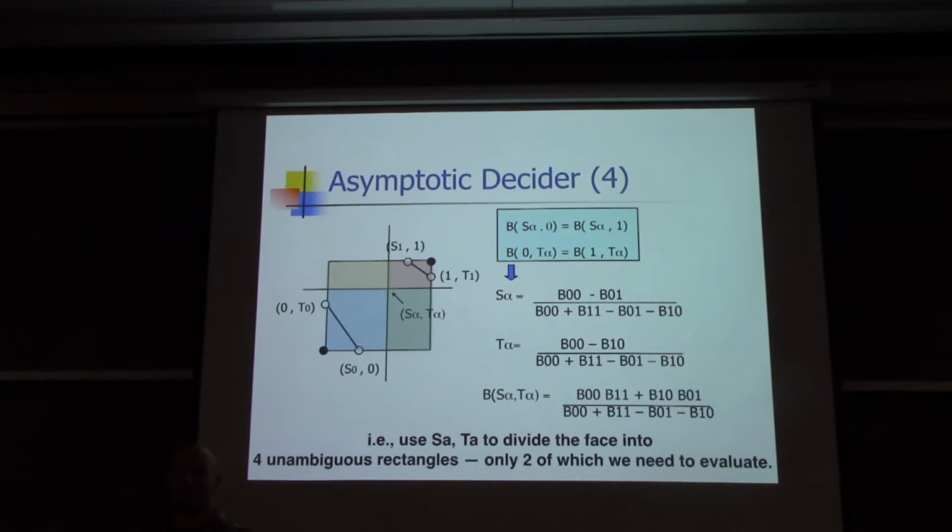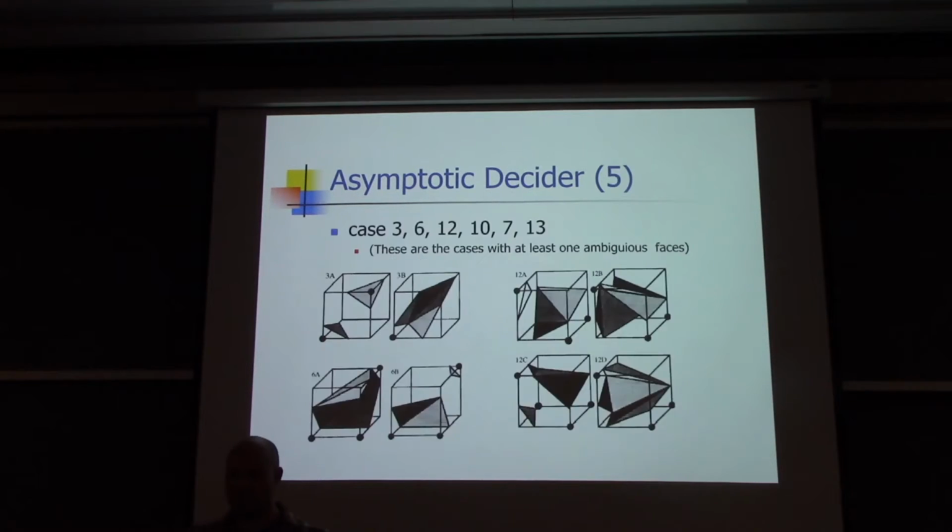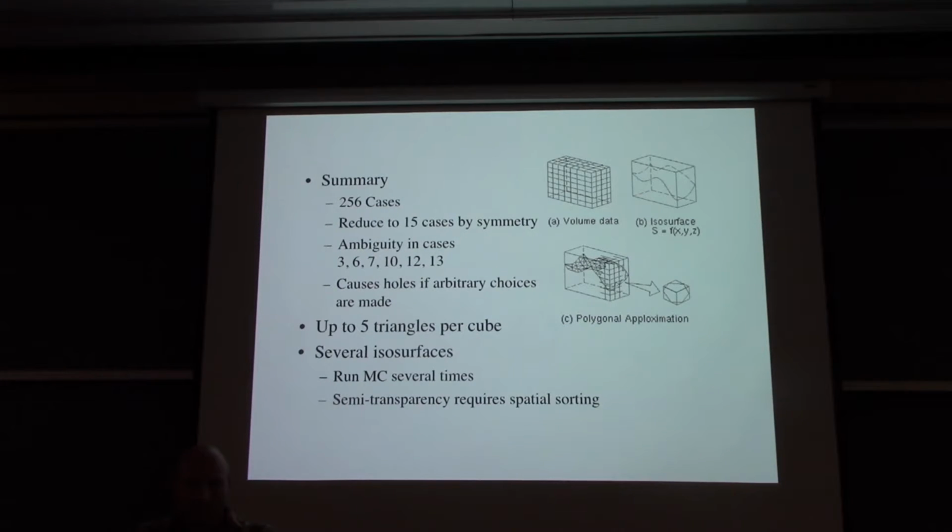And those quadrants determine where the triangles go, and the fact that you connect these triangles and not those triangles. This is a really easy determination to do in 2D along the faces, but impossible to do in 3D looking at the whole voxel. So these are the cases in marching cubes where there's at least one ambiguous face, and the asymptotic decider basically solves that problem. And that's it.